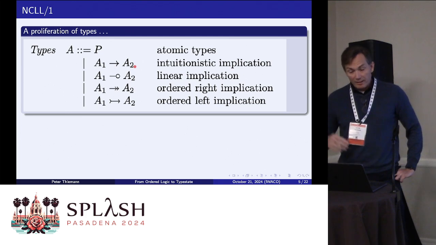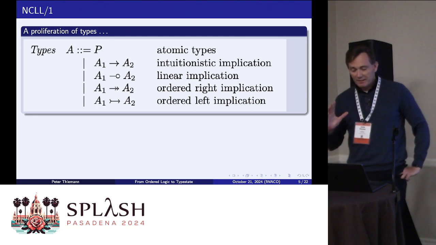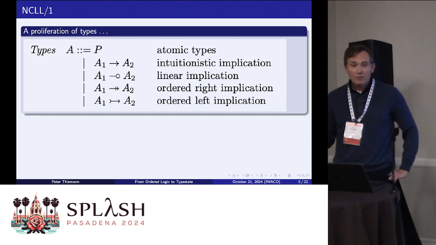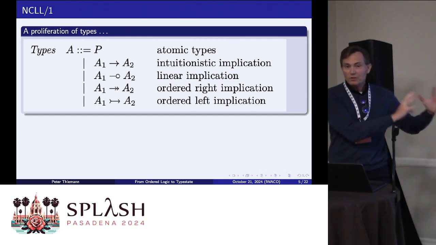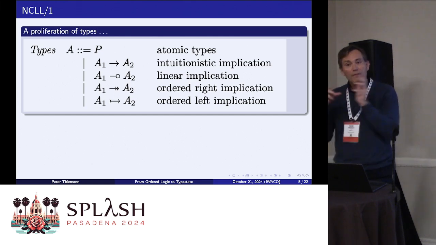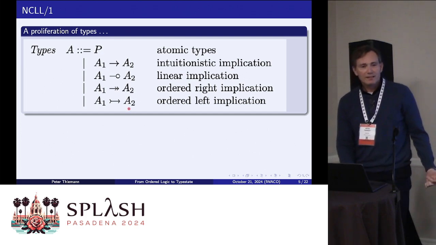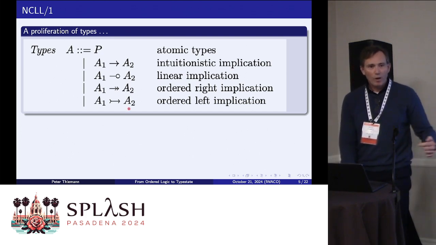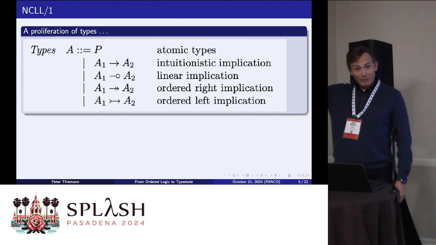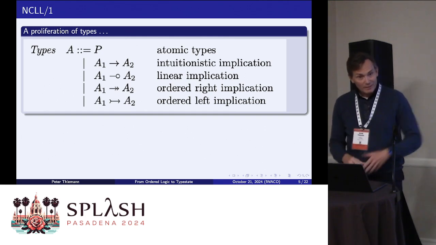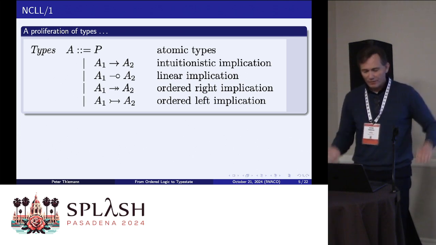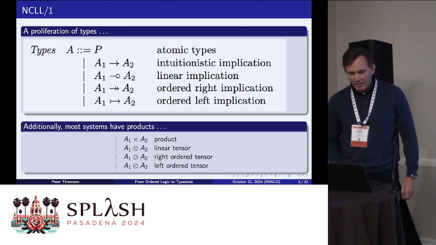They have intuitionistic assumptions, they have linear assumptions, they have ordered assumptions, but there you have to make a difference if you are allowed to take your assumptions from the left end or from the right end of your assumptions. And that gives you 2 different implications. One puts the argument at the end of the ordered context, and the other one puts it at the beginning. So you have different reasoning principles there.